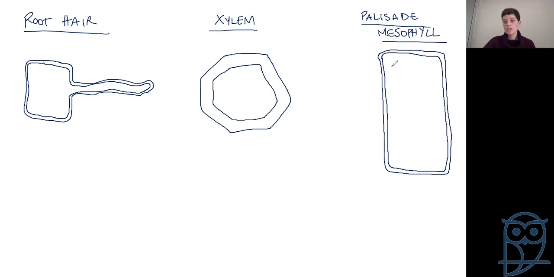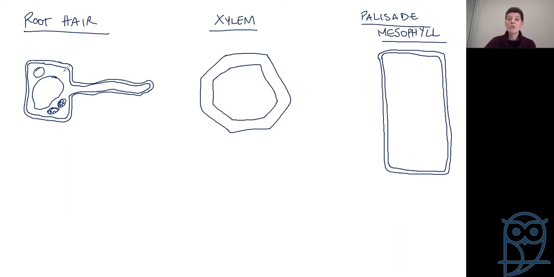Then there are major differences as well on the insides of these cells. So root hair cell, we have our great big permanent vacuole, we have our nucleus, we have our mitochondrion, right? But we don't have any chloroplasts. Your chloroplasts are for trapping sunlight. A root hair cell is underground.